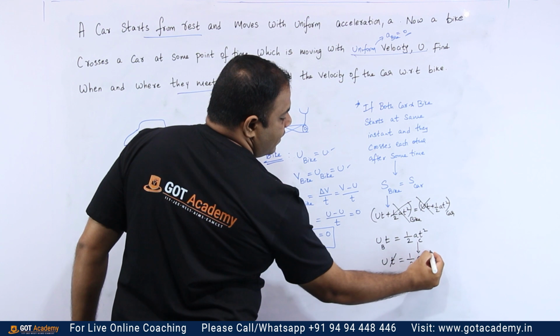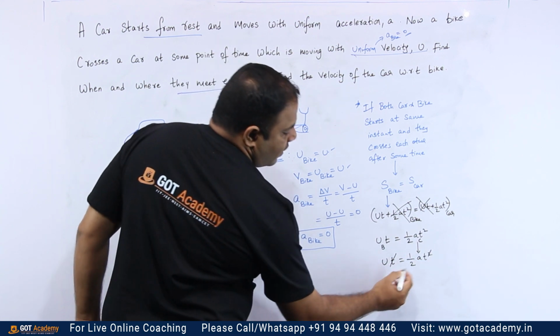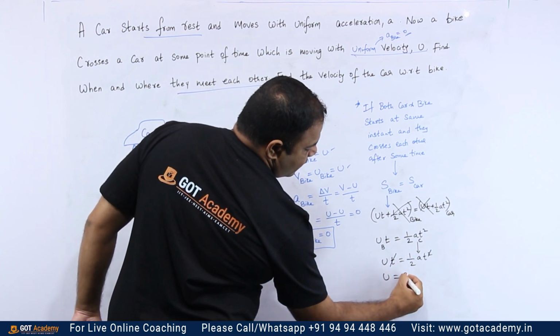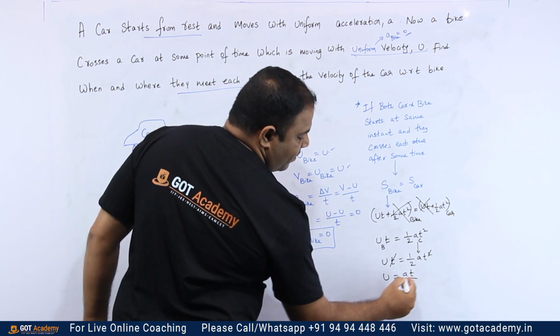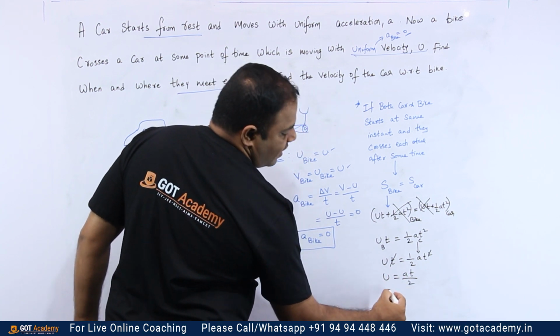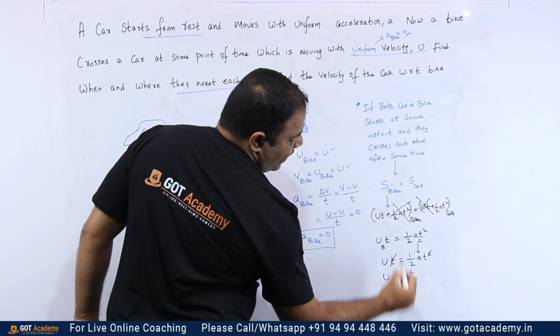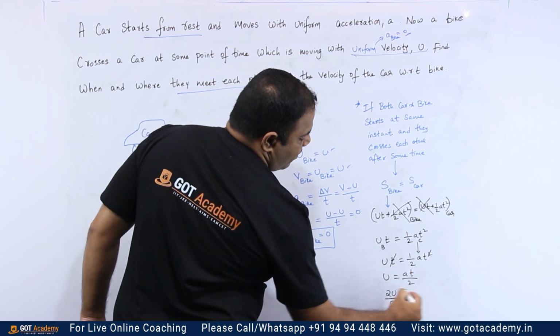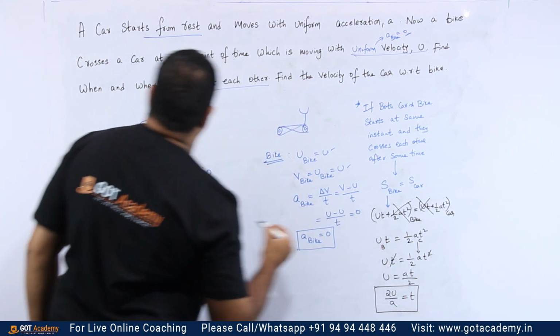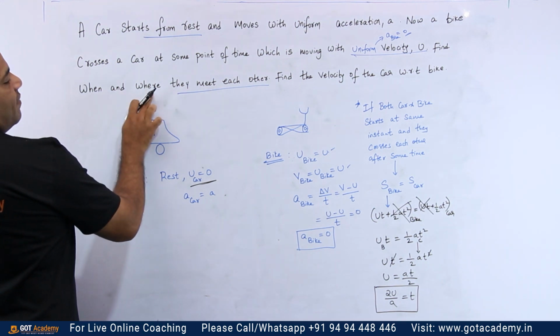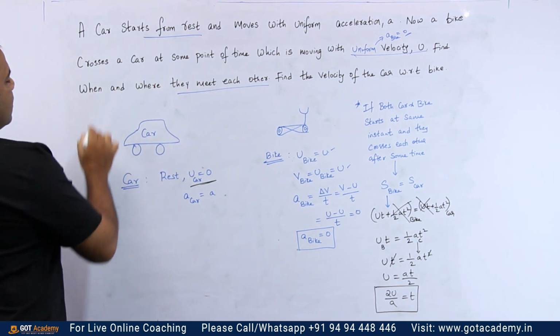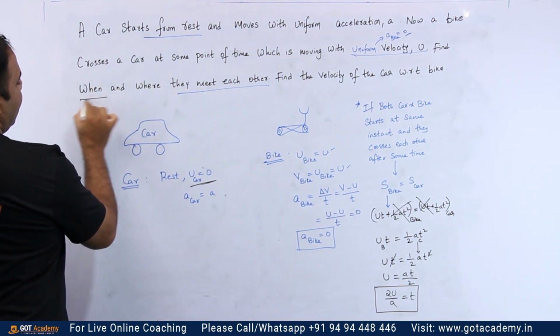Now this t cancels, so what you get is u equals at by 2. From this, t equals 2u by a. This is the time t. You are asked when and where they meet each other. The 'when' itself tells you the time.